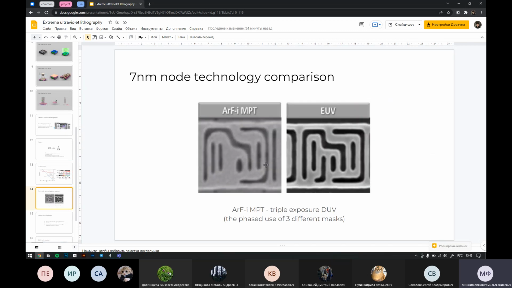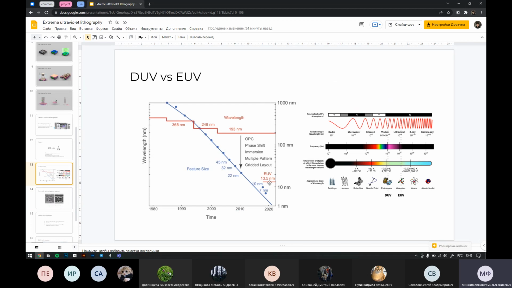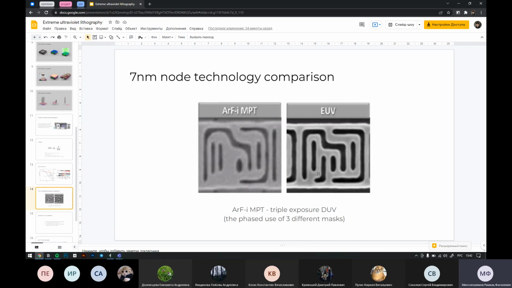As you see on the left picture, we face problems printing these thin patterns with DUV. So EUV was invented to help make a process with fewer nanometers, with less expense.